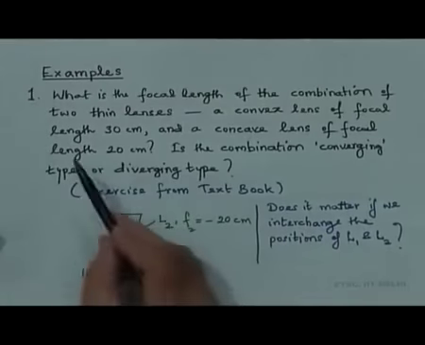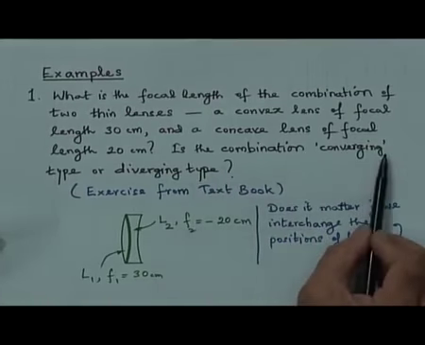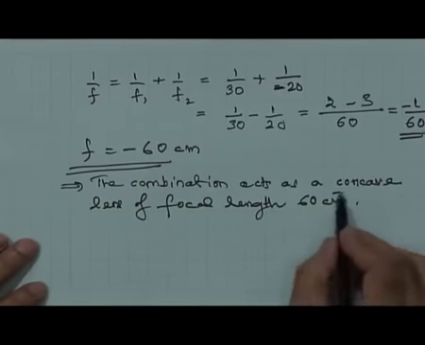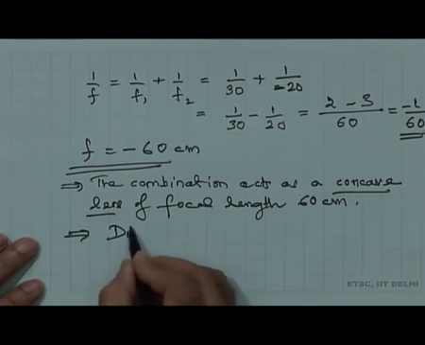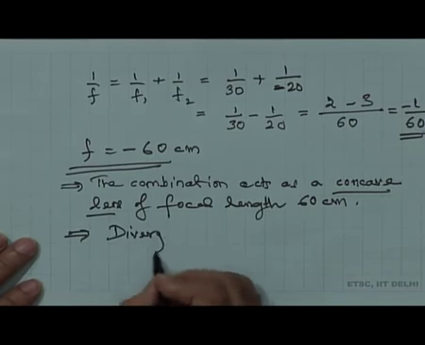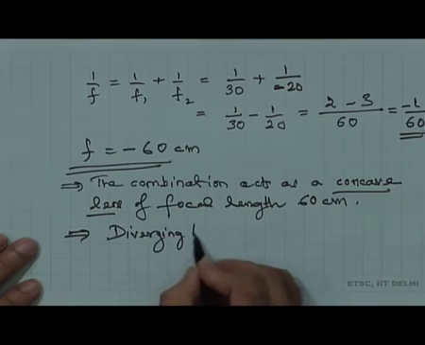So, the question is, is the combination converging type or diverging type? Because it is a concave lens, this implies it is a diverging type of lens.